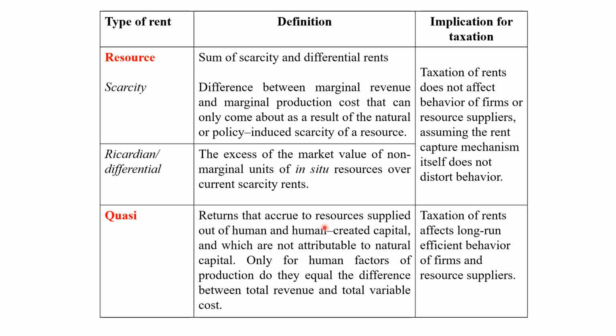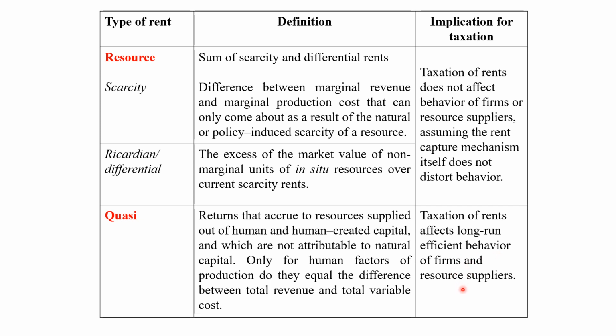These are returns that accrue to resources supplied out of human and human-created capital, and which are not attributable to natural capital. Only for human factors of production do they equal the difference between the total revenue and total variable cost. Notice that's important. Only for human factors of production. Now, if you tax these rents, you're going to affect long-term efficient behavior of firms and resource suppliers.